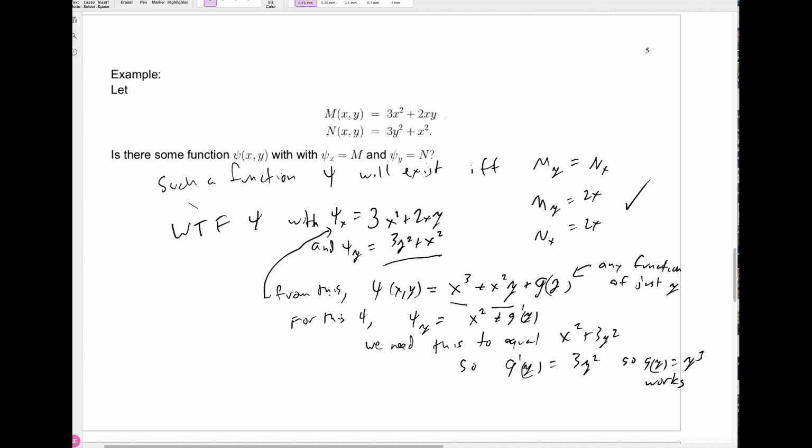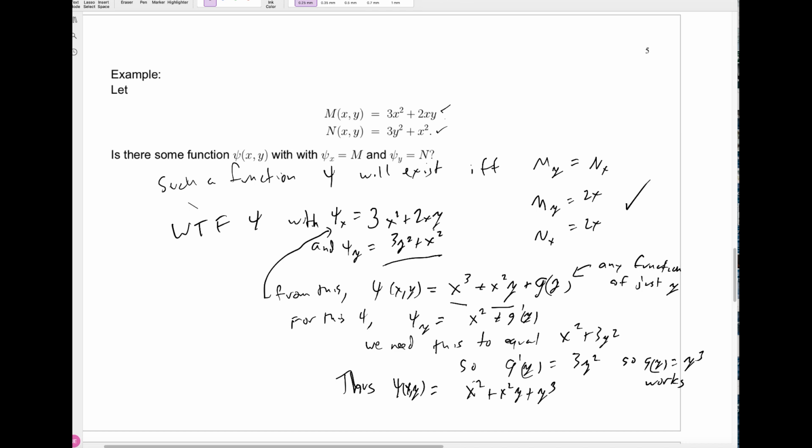So when we put that all together, we get c of xy is, what is it, x cubed plus x squared y plus y cubed. You can check that that function c really has c sub x equals m here, and c sub y equals n.